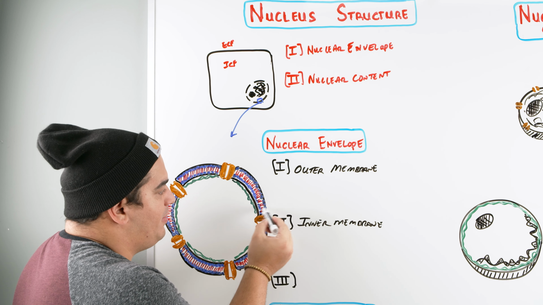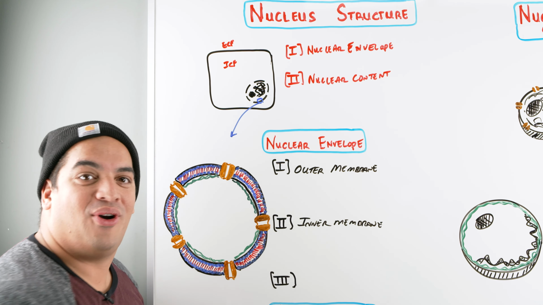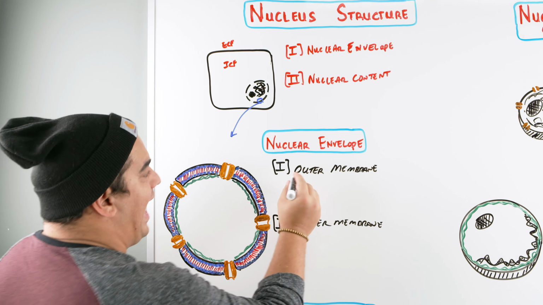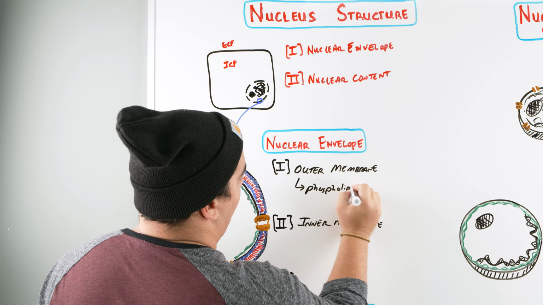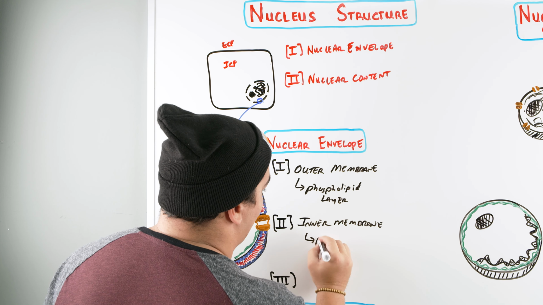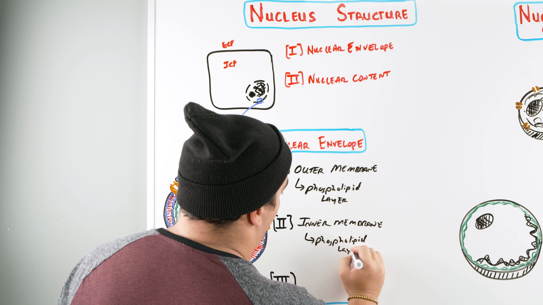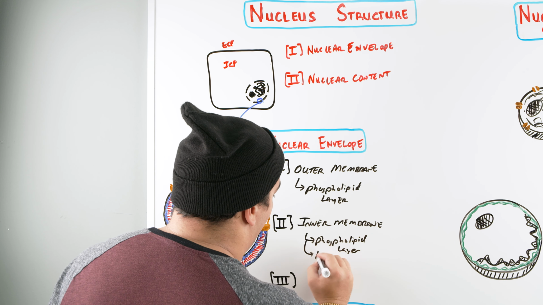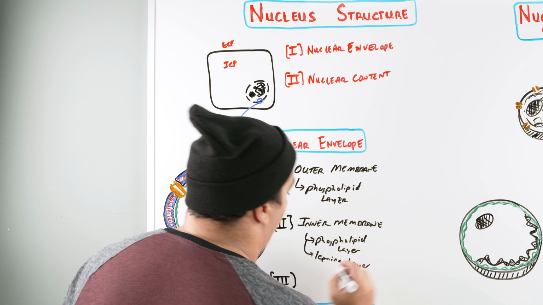So here are your phosphate groups, here are the fatty acid tails, and then there's another important component here, which is called your lamina. So again, the outer membrane is made up of a phospholipid layer, and this one contains a phospholipid layer and a lamina layer, which is made up of these proteins called lamins.